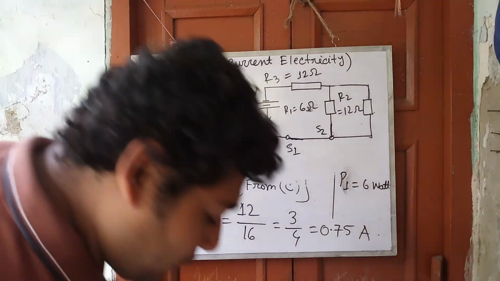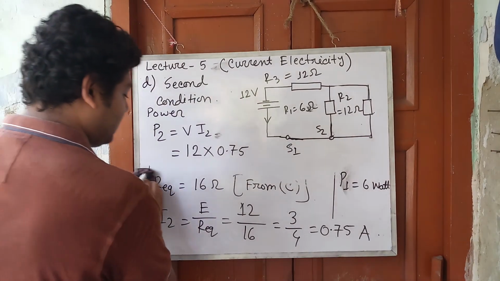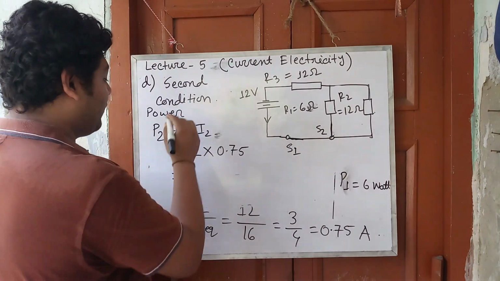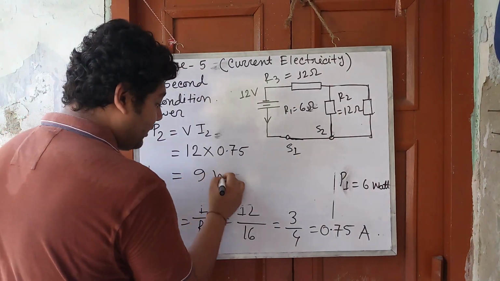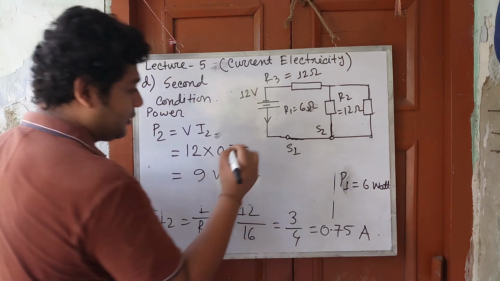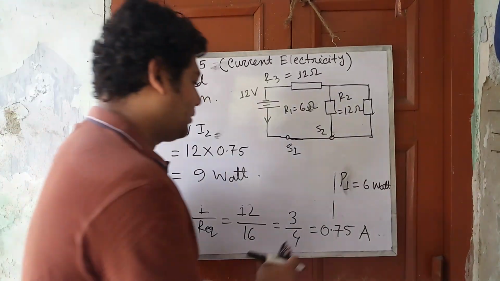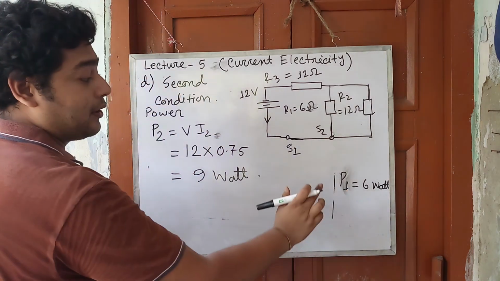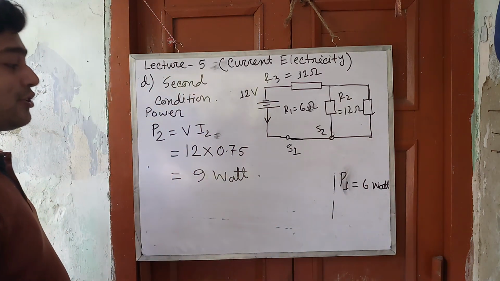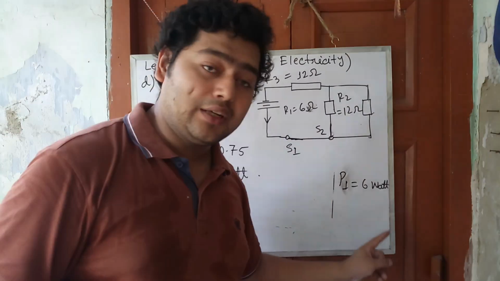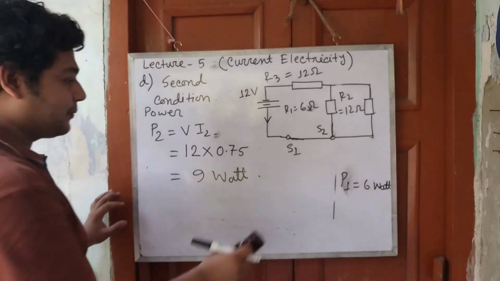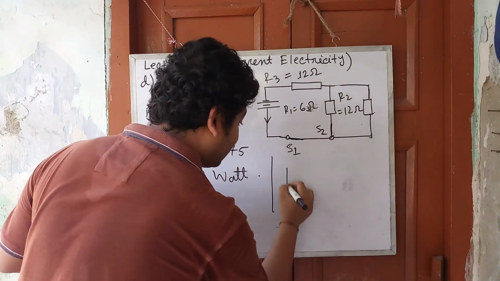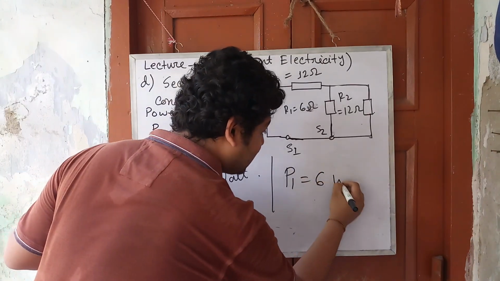So we see that our power for the second condition is 9 watt. From here, our power for the first condition was P1 equal to 6 watt. I'm writing here again, P1 equal to 6 watt.